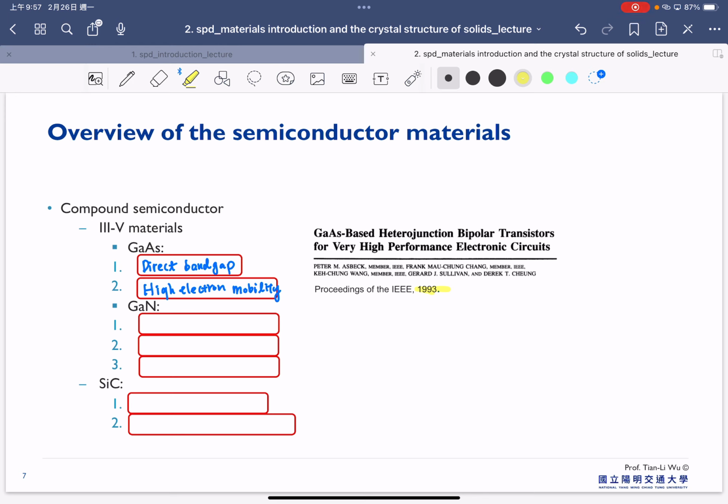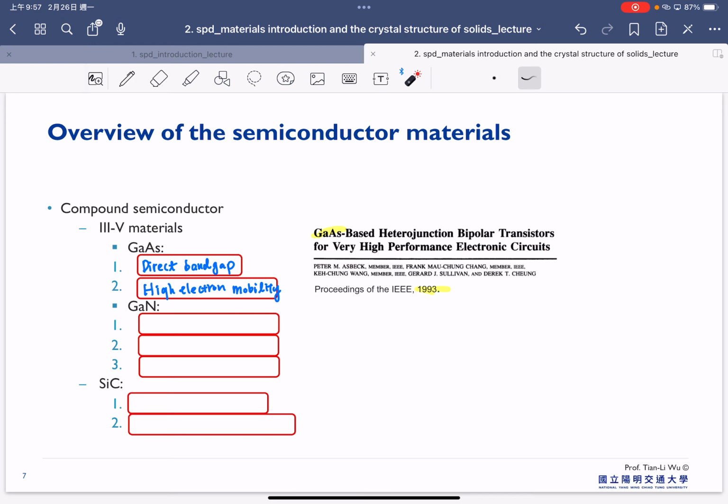And if you look at the history of gallium arsenide, it was already developed in 1993. This paper is called gallium arsenide based heterojunction bipolar transistor for very high performance electronic circuits.